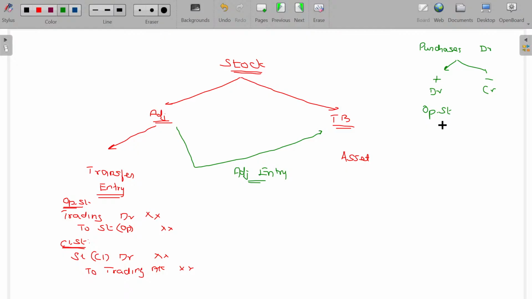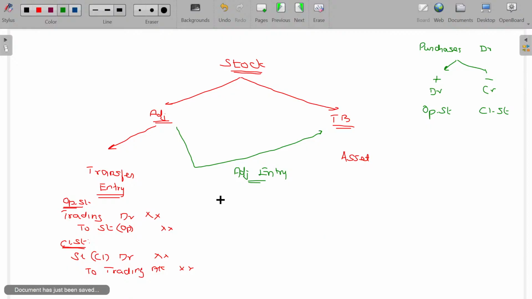So in that case, purchases is debited, opening stock is credited. In case of closing stock, it should be subtracted. In this case, closing stock is debited and purchases is credited. By passing this entry before the trial balance preparation, automatically the opening stock in the trial balance disappears. Closing stock will now become a part of the trial balance item. Is that clear? Let's see.